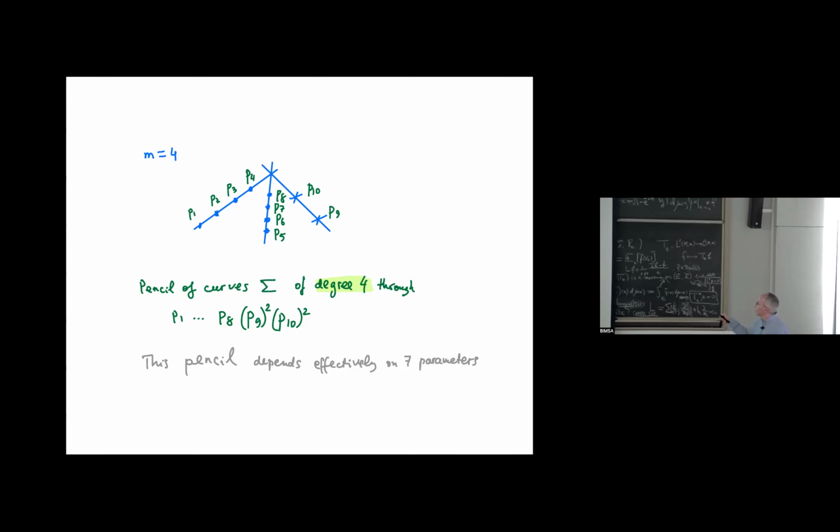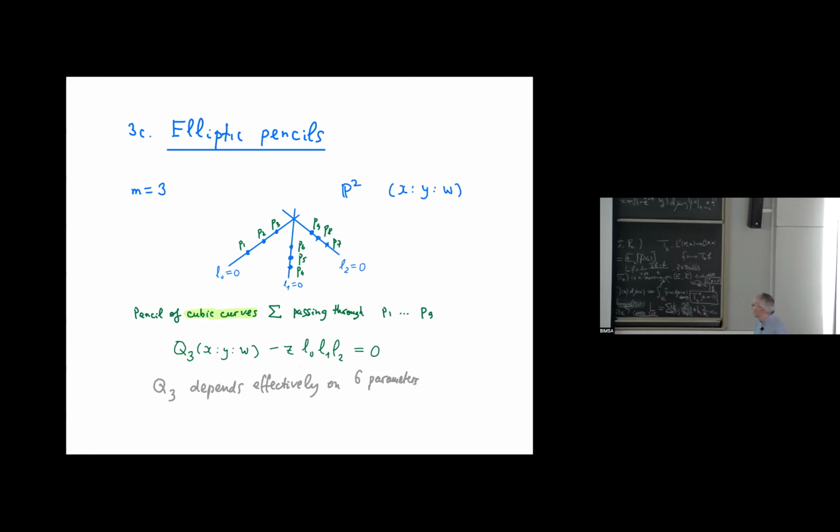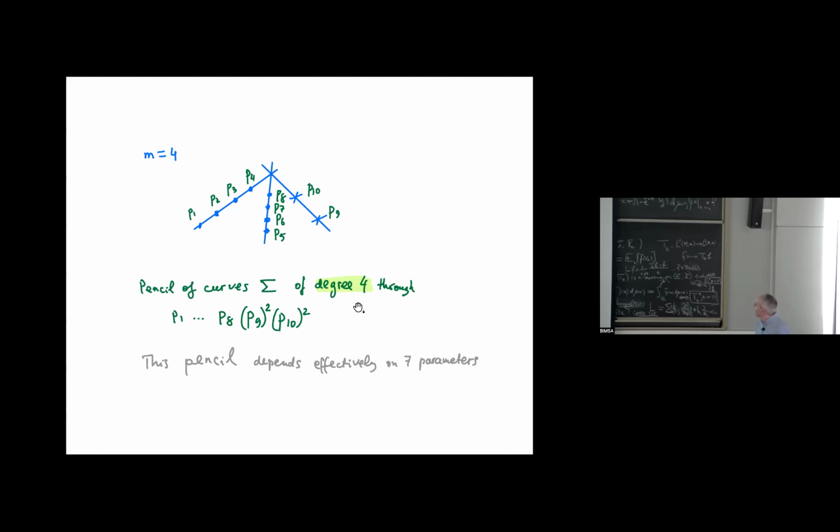So that's a reducible quartic, and so similar to what we had before, you get a pencil in a similar form. Here, just L2 will be squared. Okay, so that's the answer for m equals 4.